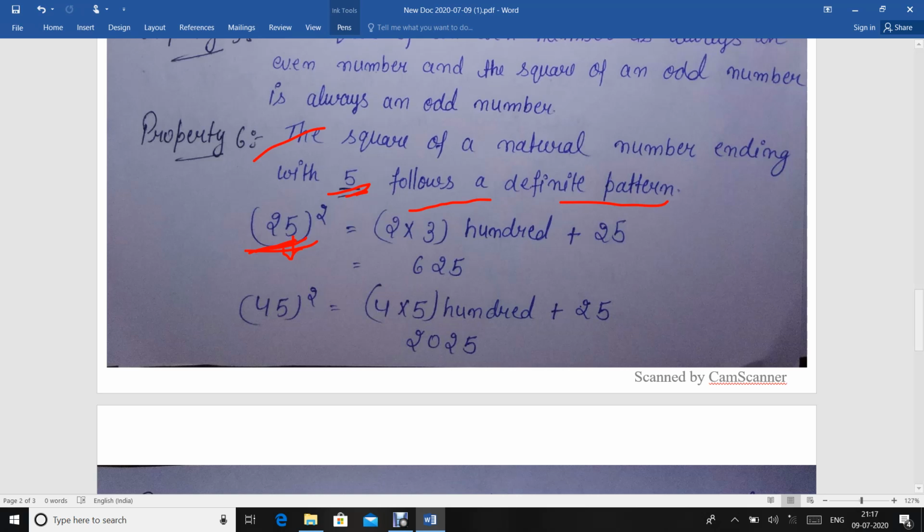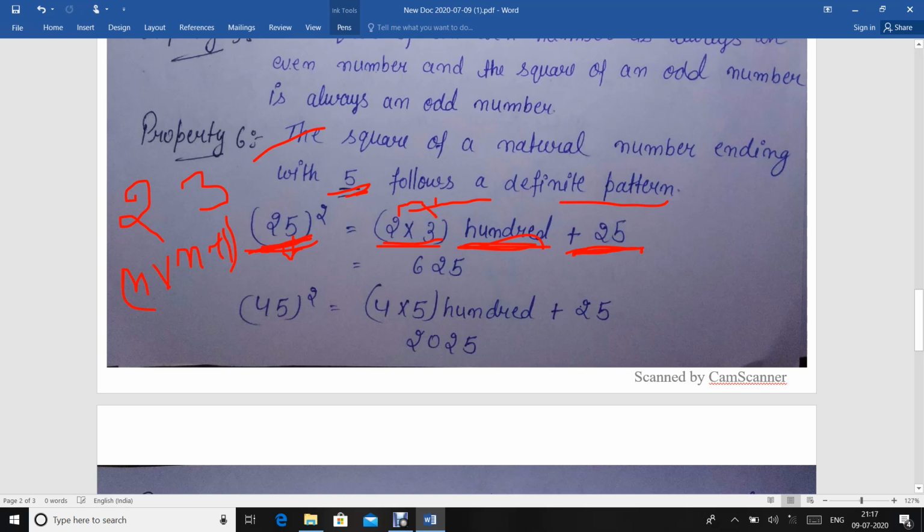You know that after 2 you will get 3, means you know that always 3 comes after 2. So you will write 2 multiply by 3, means n multiply by n plus 1, at the 100th place, plus this number, means always you will add 25.